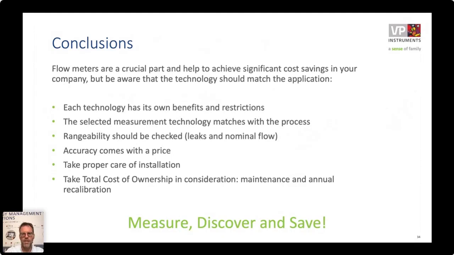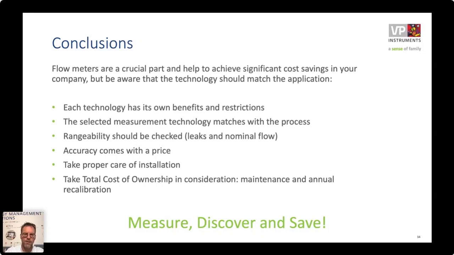Make your choice based on your application, and it should really match the process and the application you have. One very important thing is to always check the flow range and the flow rangeability. If you want to measure leaks, you need an instrument with a big rangeability, because otherwise it will show 0 at some point, while there still might be very significant leaks.